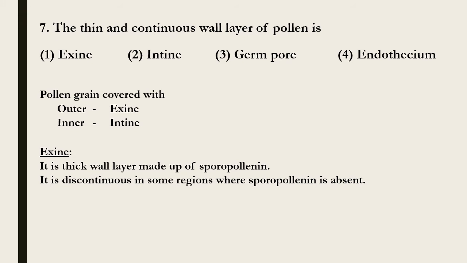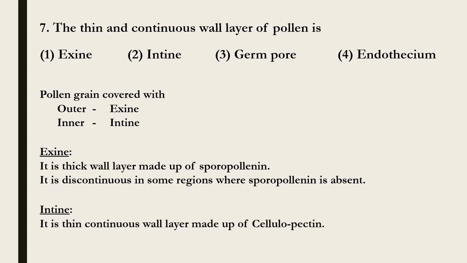Those regions are called germ pores. Now intine is a thin continuous wall layer made up of cellulose and pectin. So based on this information, the thin and continuous wall layer of pollen is intine. That is option 2.